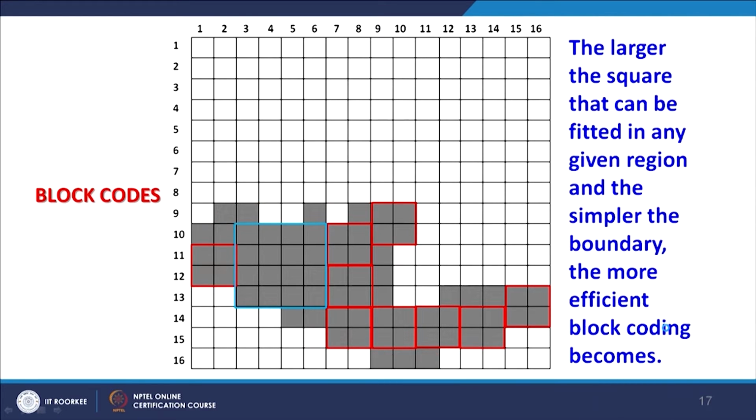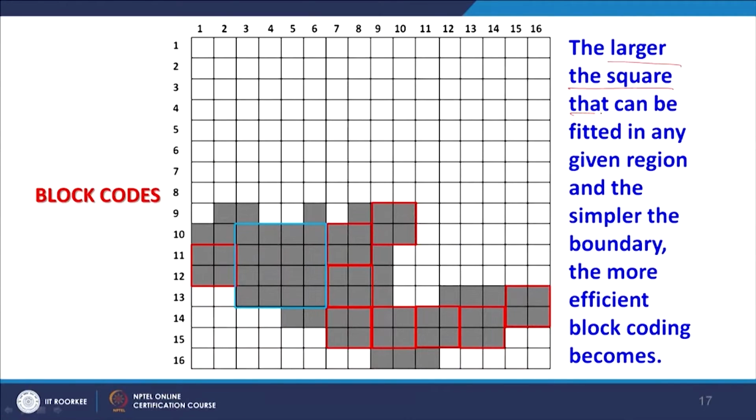Now, here you will achieve better efficiency or better compression if your input data is having a lot of redundancy. That is almost true with everyone. So, the larger the square which can be created or fitted in any given region, and the simpler the boundary of this shaded or dark area, the more efficient block coding becomes.